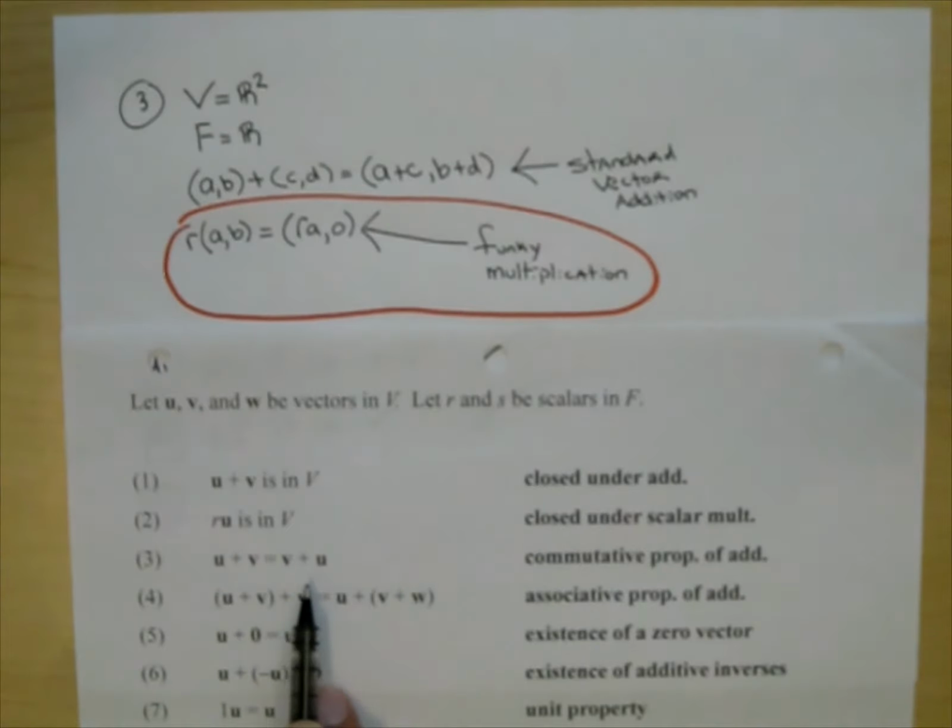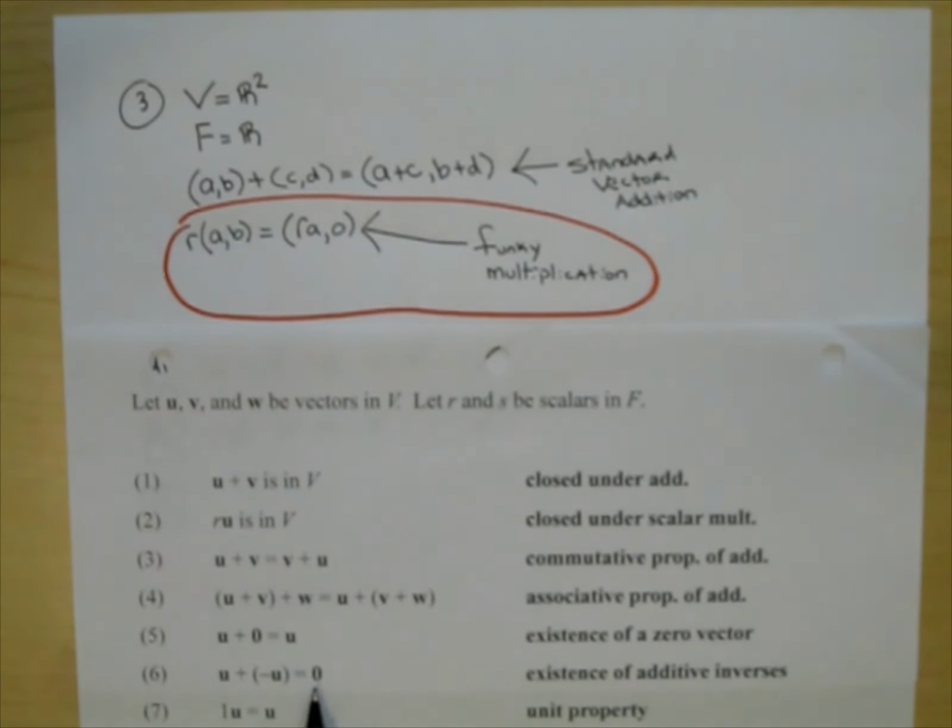So that would hold for Axiom 3, Axiom 4, Axiom 5, the existence of a 0 vector, which is (0, 0), and Axiom 6. Each element of R2 has an additive inverse that would give you (0, 0) when added together.